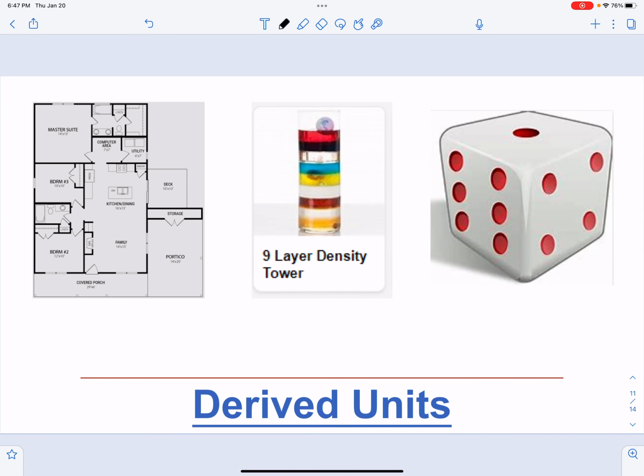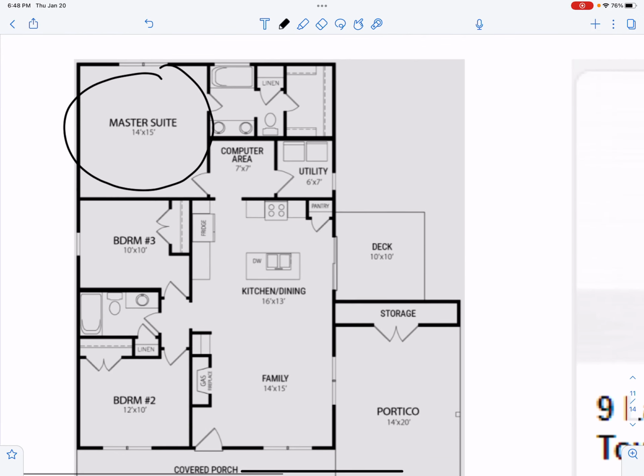And let's talk now about derived units. For example, floor plan. When you buy a house, the more square footage it has, the more expensive the house is, because it means that it's bigger. And this is a floor plan of a house, and it tells you that the master suite measures 14 by 15 feet. So as you notice, they're being multiplied.